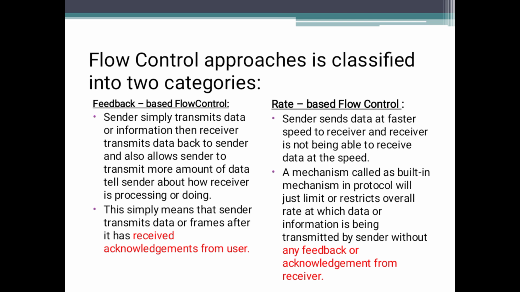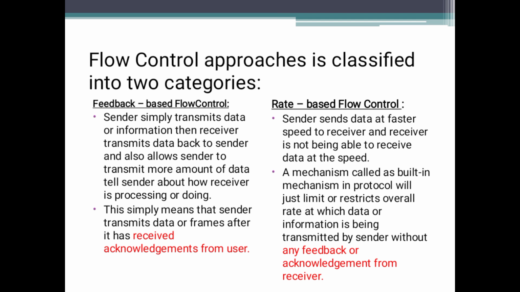Then the receiver sends feedback back to the sender, either asking for more data or telling the sender how the receiver is performing. This means the sender transmits a frame only after it has received the acknowledgement from the receiver.